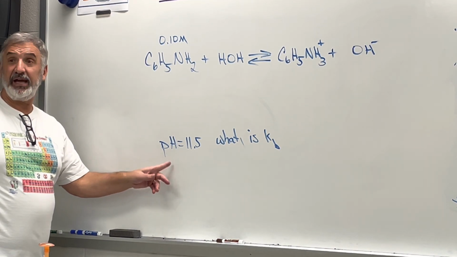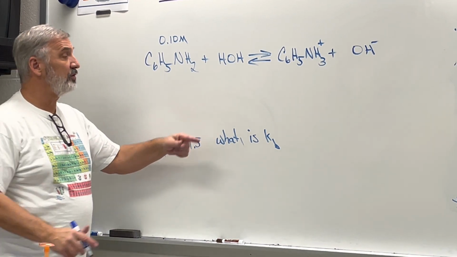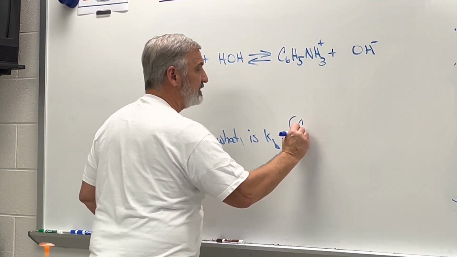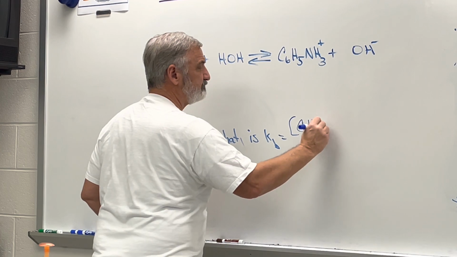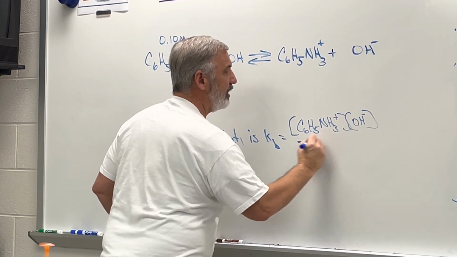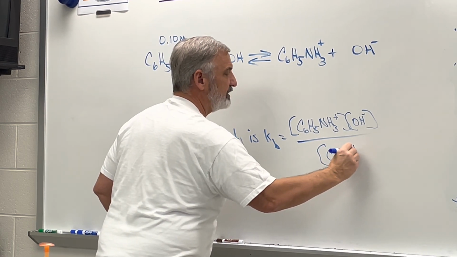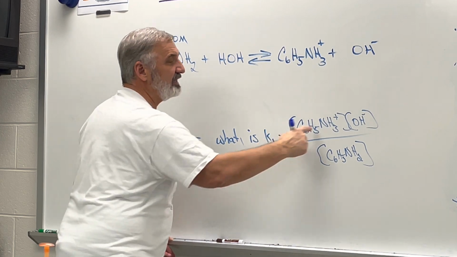I know the pH, I know the H+, but I also know the pOH. What do I need to know for Kb? It's going to equal C6H5NH3 plus times OH minus all over C6H5NH2. So if I need Kb, I need all of these values.